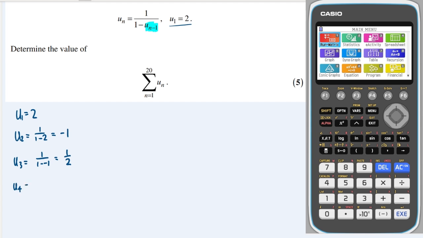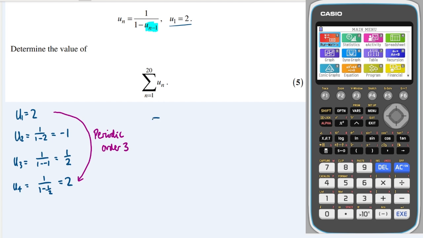And then u4 is equal to 1 over 1 minus 1 half, which is 1 over a half, which is 2. Okay, fantastic. We've got a repeat. So therefore this sequence is periodic order 3. So it takes 1, 2, 3 jumps to get back to the starting point.